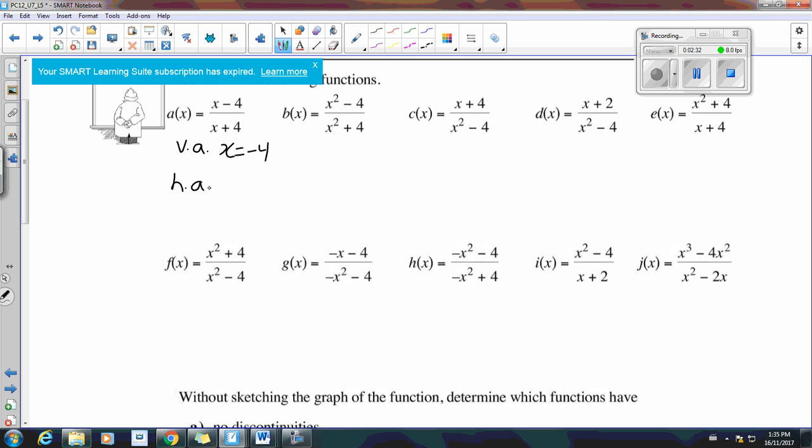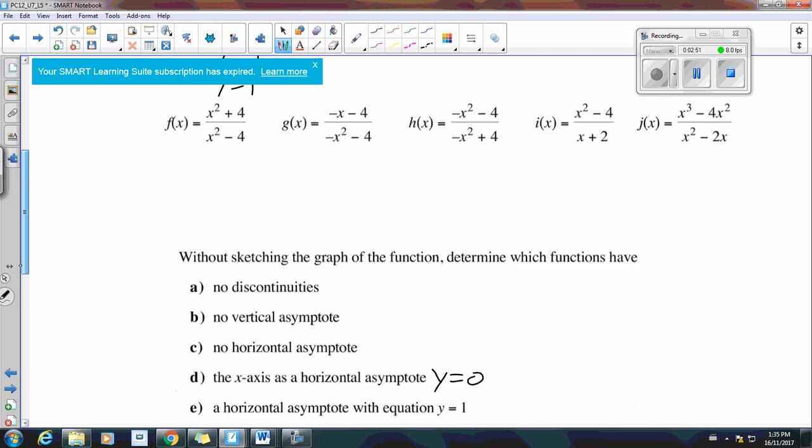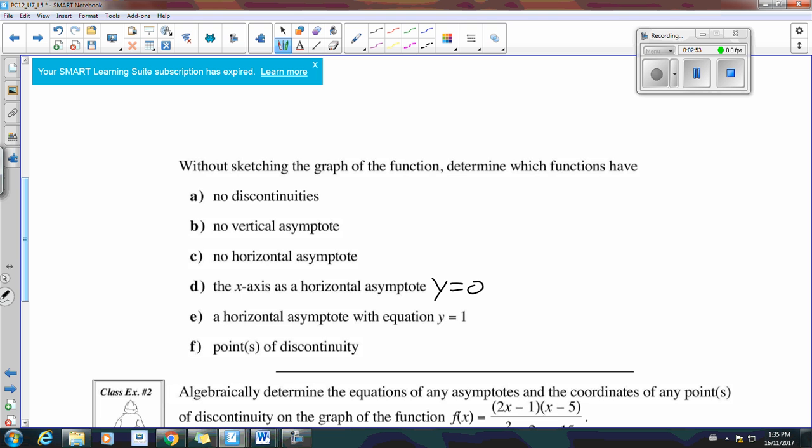So remember, for horizontal asymptotes, we need to compare the degree of the numerator to the degree of the denominator. Here the degree is both 1. That tells us we take the leading coefficients and we divide them. Well, the leading coefficients of both of these is 1. So this one has a horizontal asymptote of 1. So graph A falls into this category here.